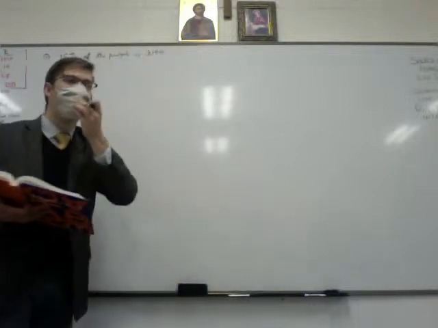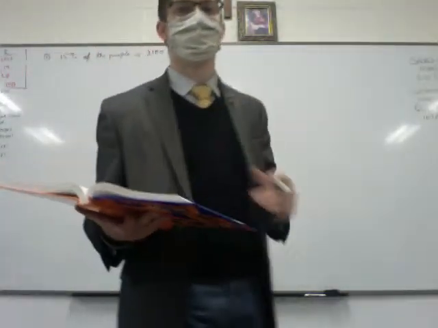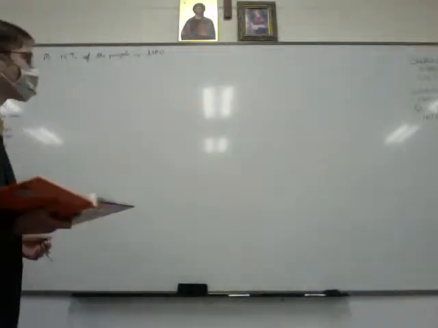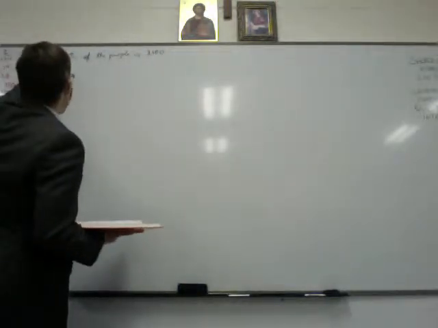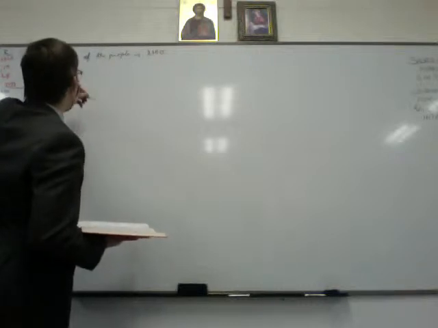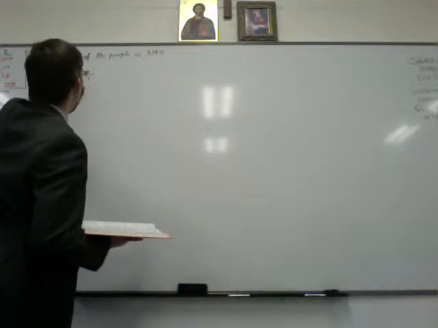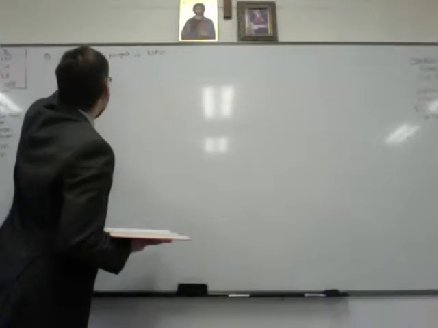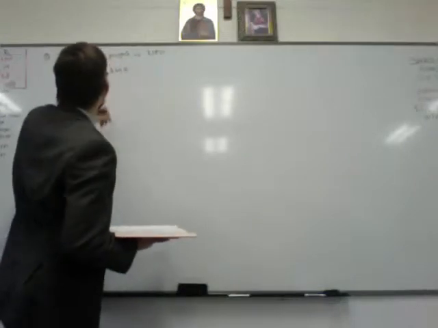That's the information they told us. 15% of the total people is 2,100. So when we set this up as an equation, we translate 15% as 15 over 100 times the people, x over 1. That's the mystery number. Let's put it over 1 just to make things easier for ourselves. It equals 2,100, and you put that over 1 too.